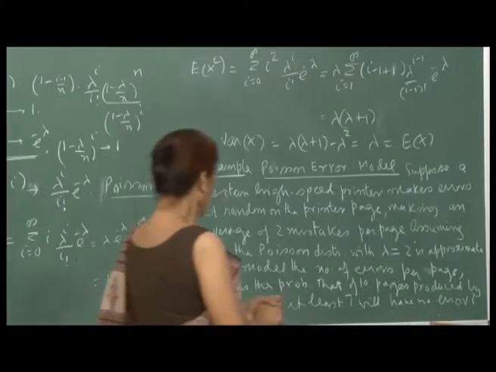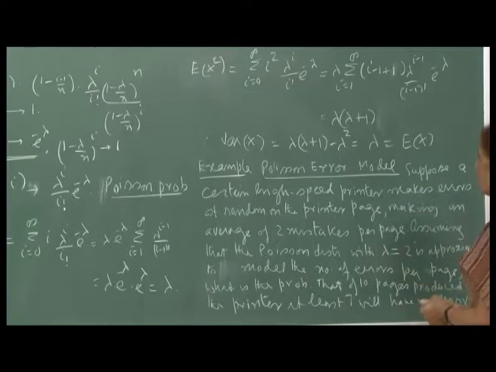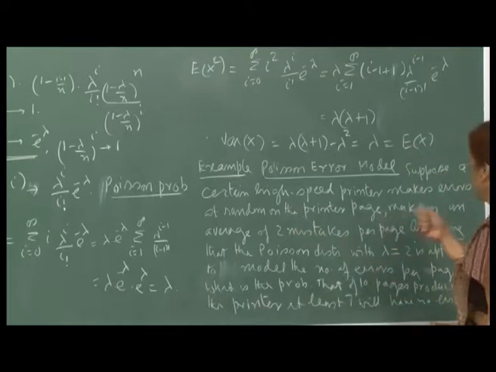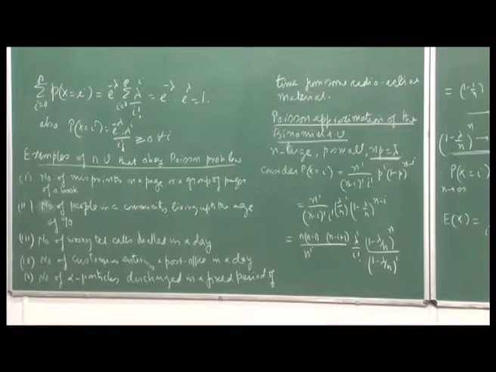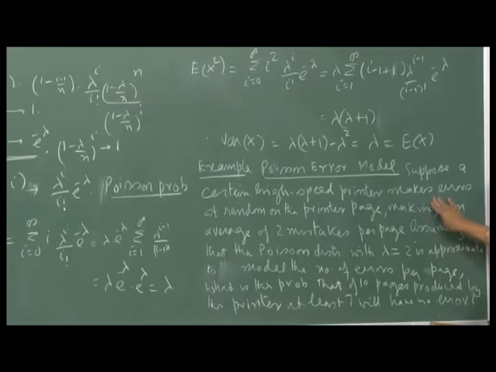Okay. Now, the best way to give you a feeling about a particular random variable is always through examples. So, here let us look at the Poisson error model, where you are modeling the number of printing mistakes made by, let us say, a high speed printer. A certain high speed printer makes errors at random on a printed page, making an average of 2 mistakes per page.